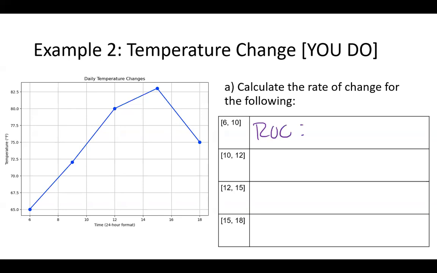Okay, so you estimated your values, right? So you used the 6, and 65, right? And then you went up to 10, and I would call it 75.